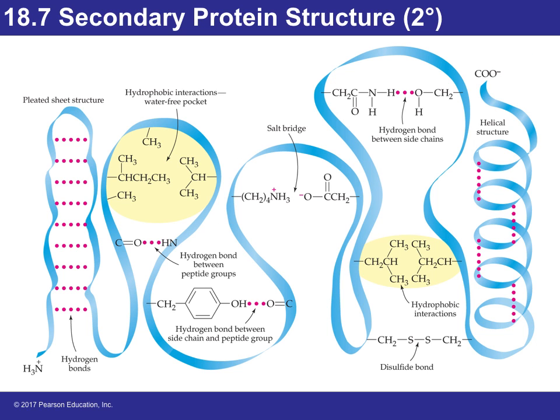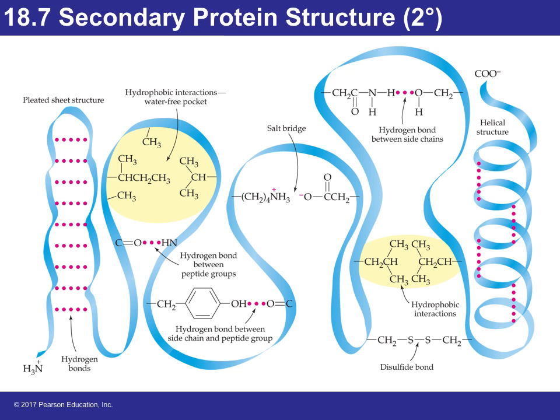This is a summary of secondary protein structure. On the left is the pleated sheet structure. You see the hydrophobic interactions just in that pocket. Salt bridges exist as well, hydrophobic interactions, disulfide bonds, hydrogen bonds between side chains.